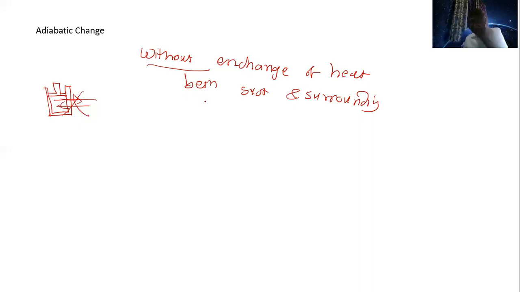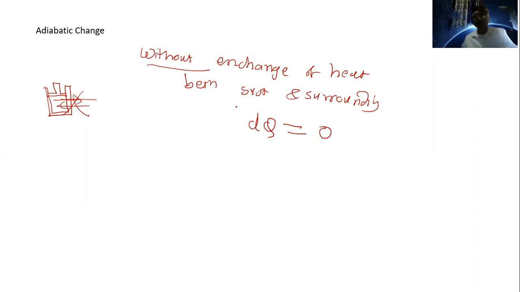We can see here there is no exchange of heat, so we can say dq is equal to 0. This is the condition for adiabatic change. Understood?